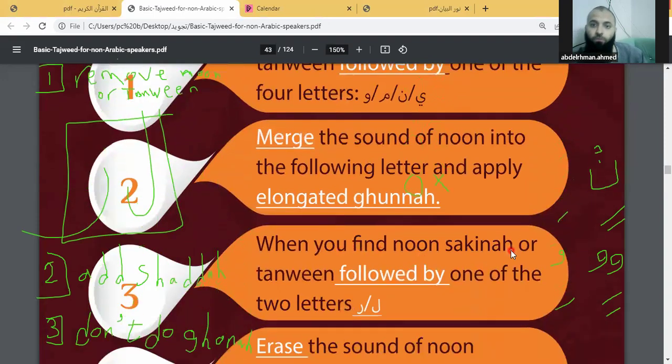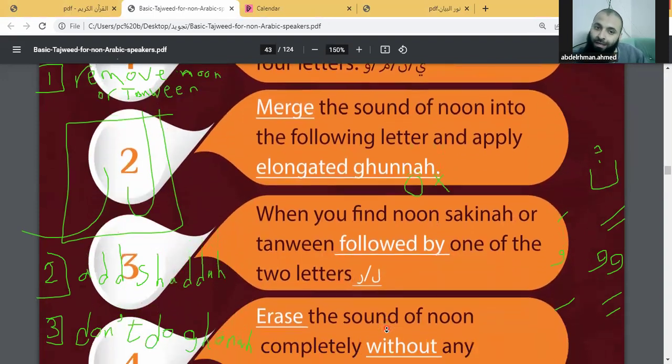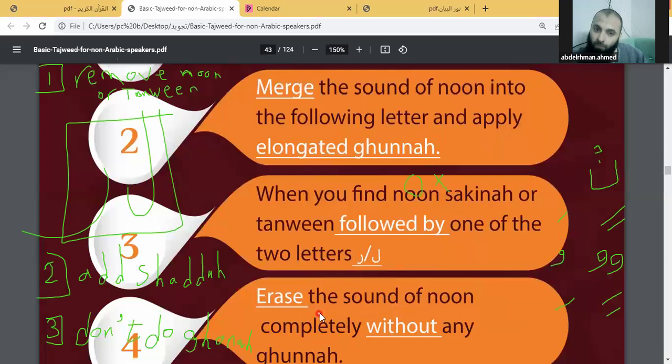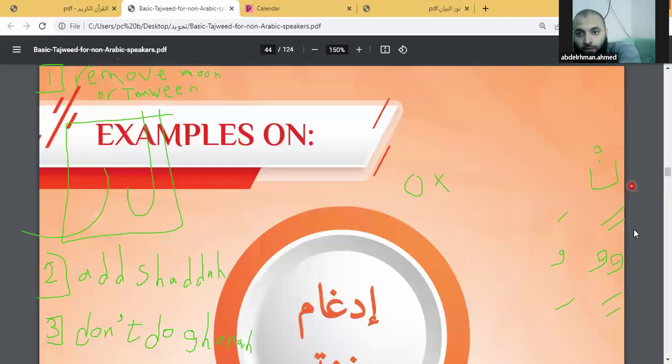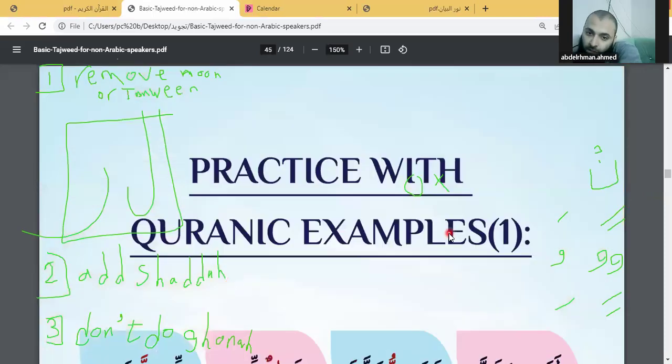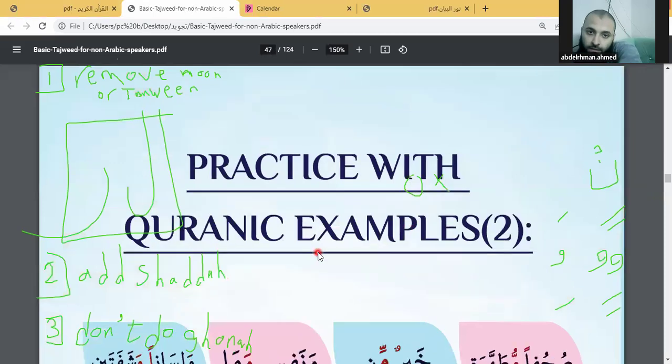When you find noon sakinah or tanween followed by one of the two letters, ra and lam, what should we do? Erase the sound of noon completely without any ghunnah. So if you have noon or tanween, erase it without any ghunnah, and make the second letter shadda.